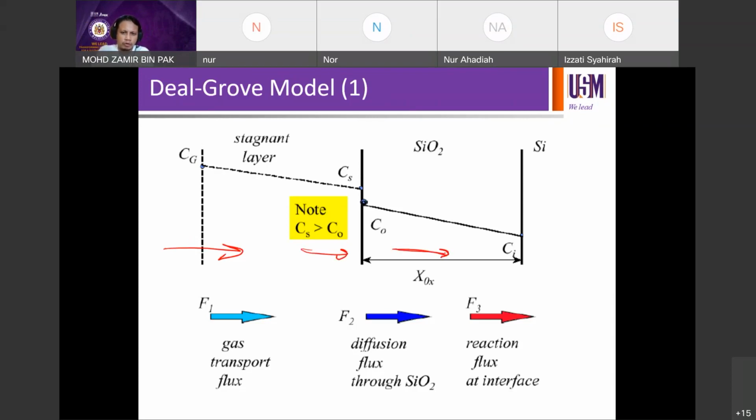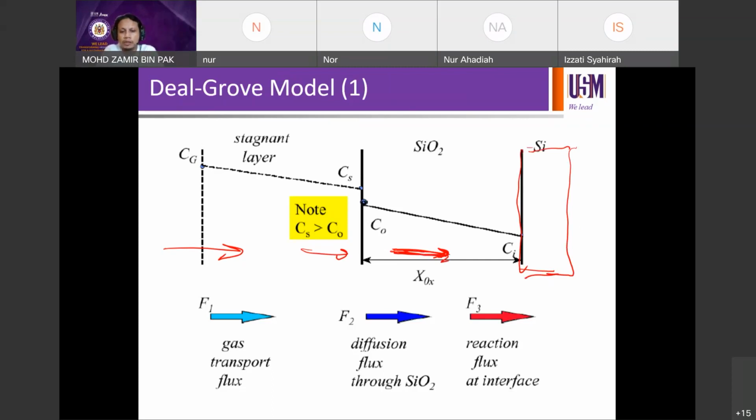So the moment you've got your silicon dioxide already grown, the oxidants need to diffuse through the oxide to get to the silicon down here. The silicon wafer is down here. F1 is the gas transport flux of the oxidant in the process.